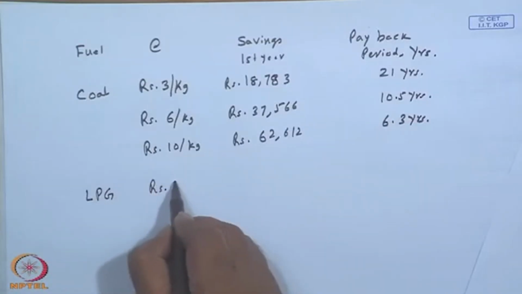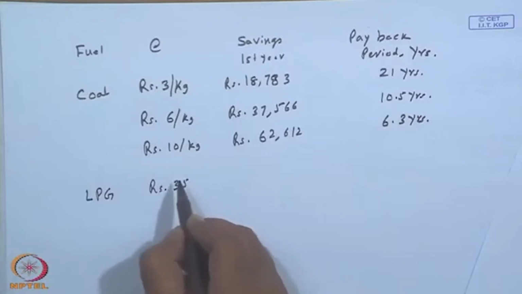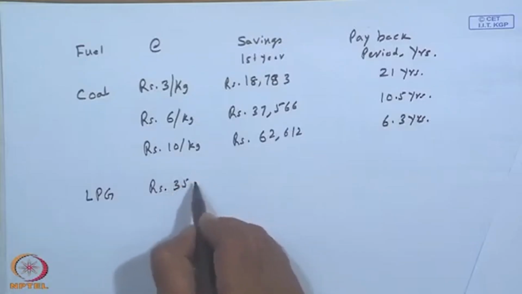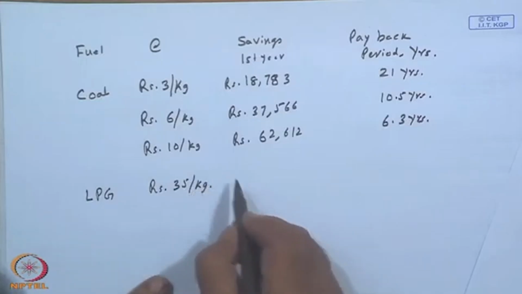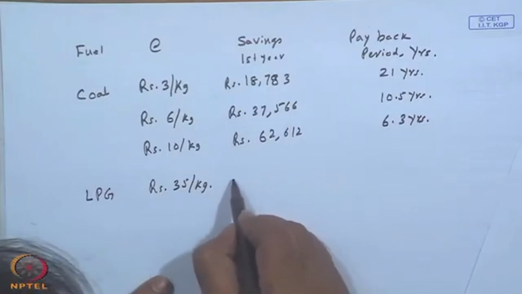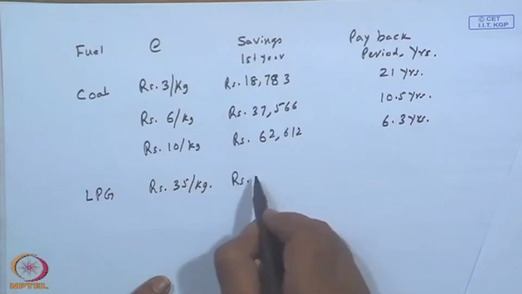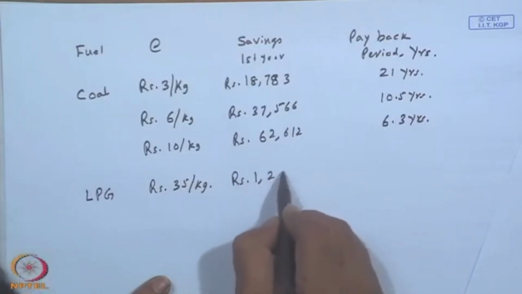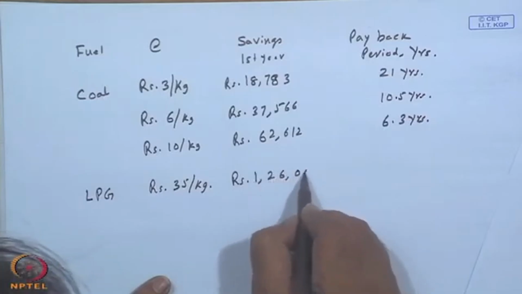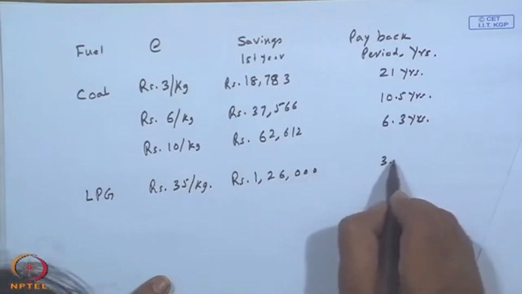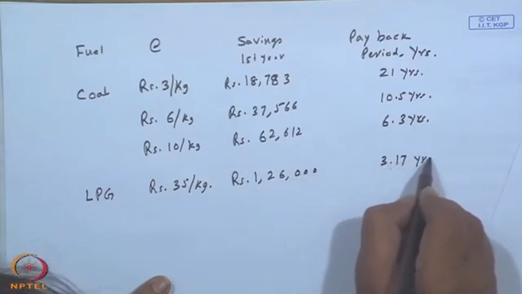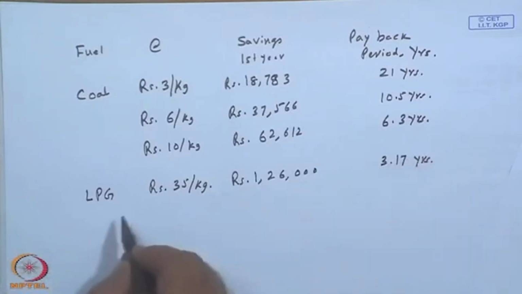Of course, there is a recent hike for the first 6 cylinders and the next 7th and onwards. I do not know whether it will be the 6th one or the subsequent one. So, I took 35 rupees a kg, and this will come to Rs 1,26,000, and this comes to 3.17 years, quite reasonable.